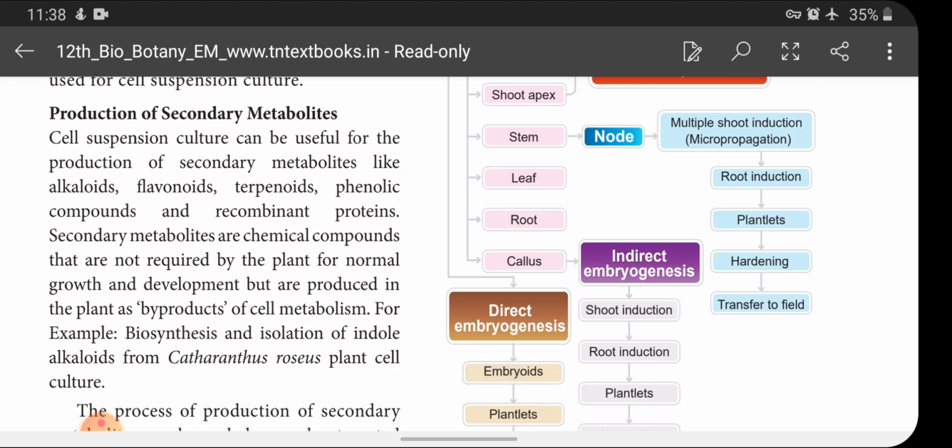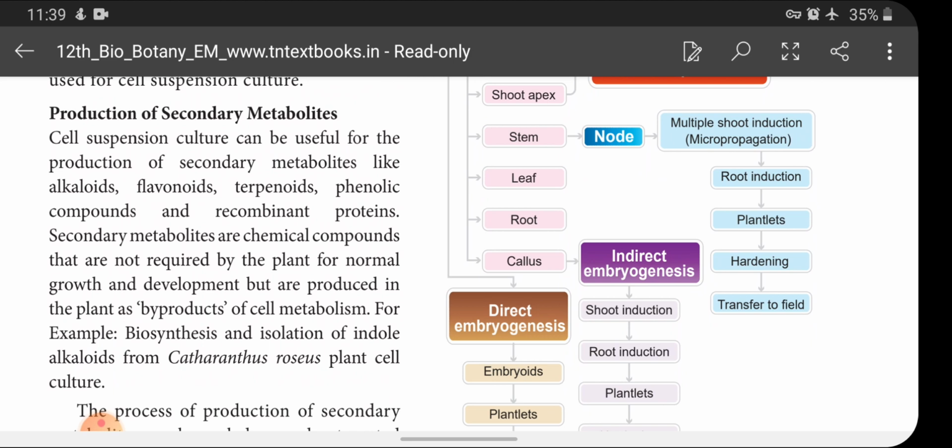Secondary metabolites are chemical compounds that are not required by the plant for normal growth and development but are produced in the plant as a byproduct of cell metabolism.